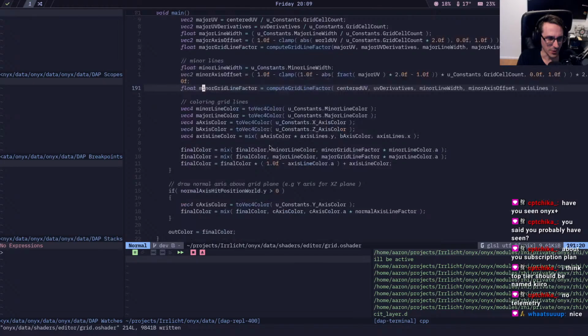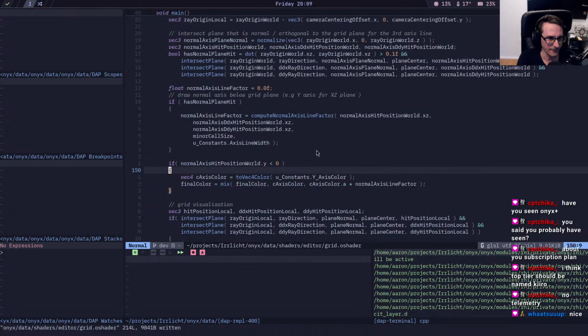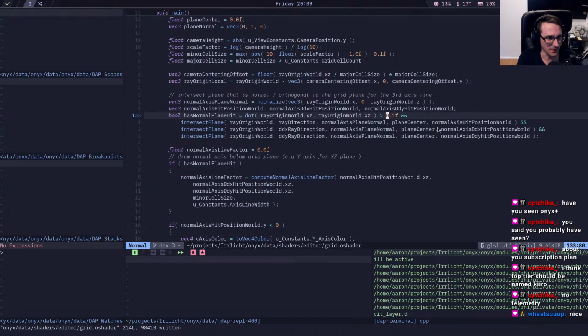I'm wondering if we can just... I think the scale here is probably... Maybe I need to do that times... I mean, the scale factor is probably wrong, right? Maybe it's just if it's greater than the minor cell size.